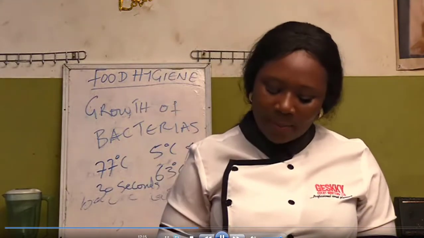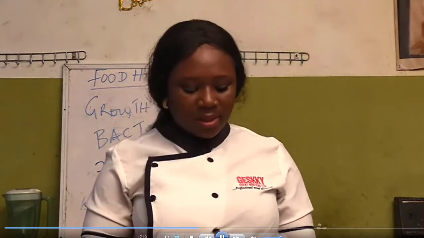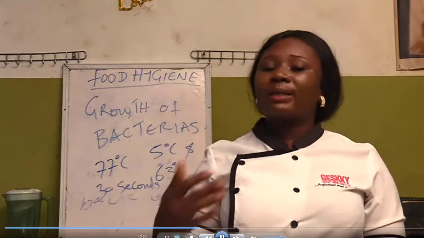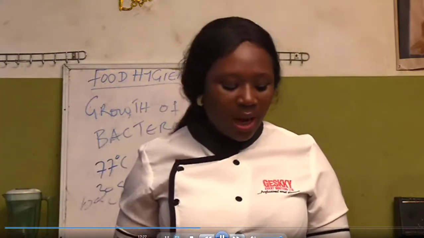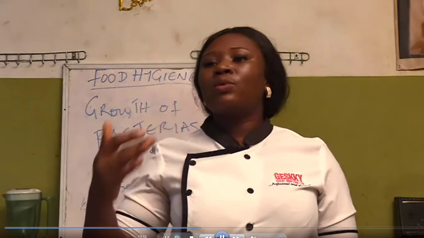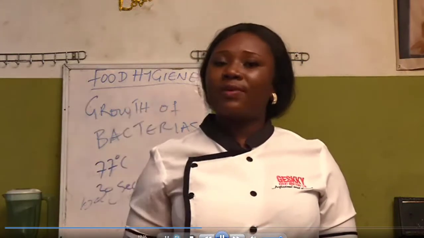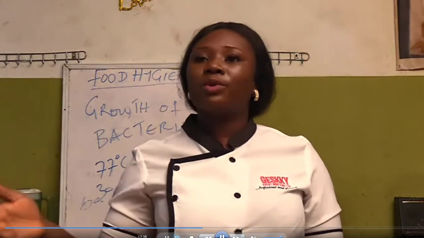Now we have been able to talk about food hygiene. We talk about different diseases and different bacteria and how those bacteria can be transferred into our food. We also talk about what we call cross-contamination, different diseases that could result from transference of bacteria from one person to another, or from your working surface to your food, or from your equipment to your food.